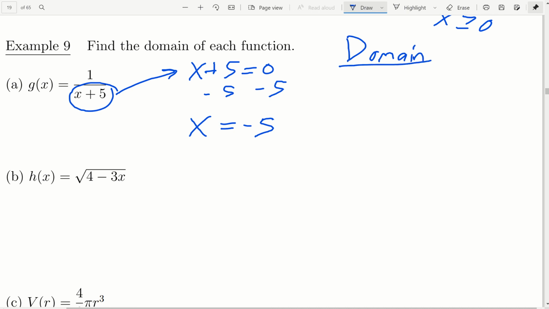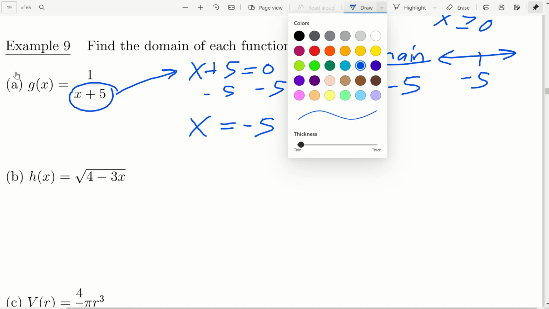That one value, x equals -5, when we plug it in, gives us division by 0. So x cannot be equal to -5. Any other value of x on the real number line is okay, with the exception of -5.